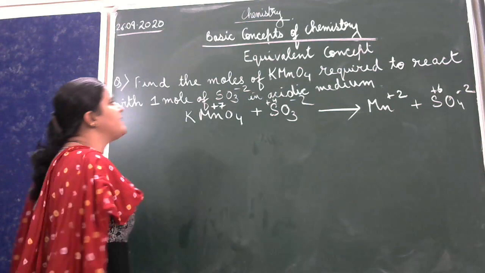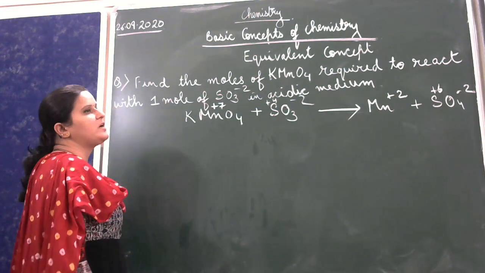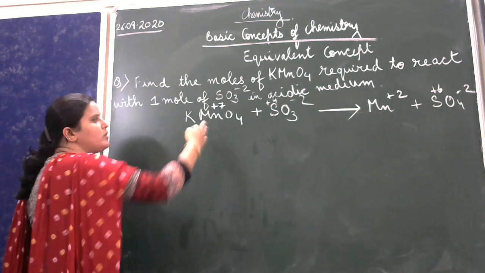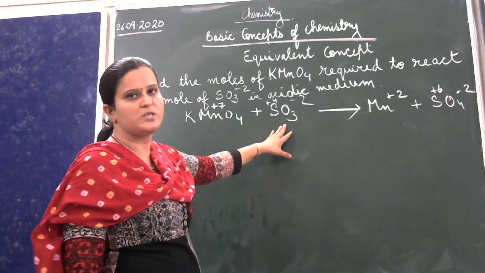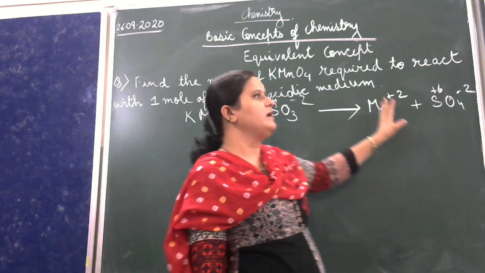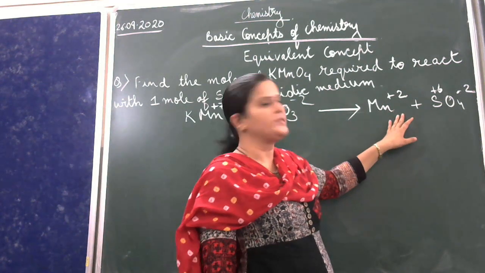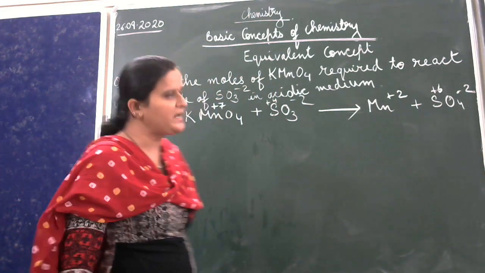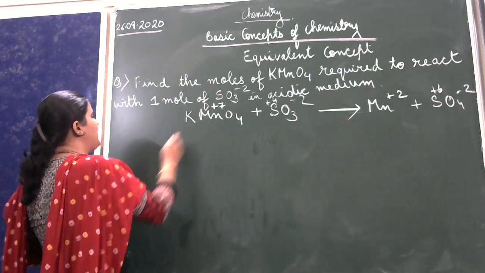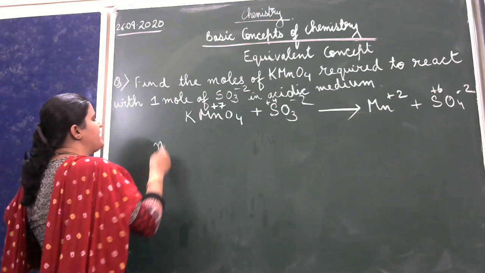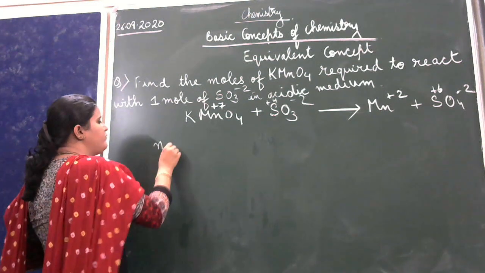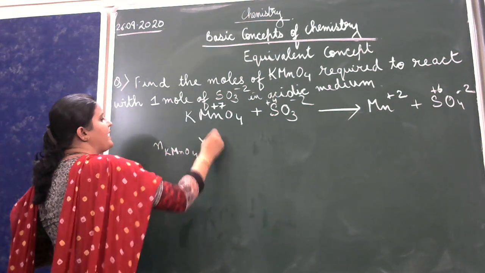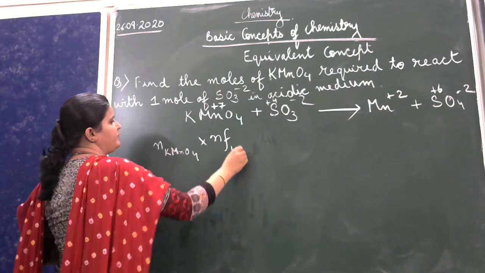So now how will I apply this equivalent concept? What did I tell you? The equivalents of KMnO4 will be equal to the equivalents of SO3 -2, which will again be equal to the equivalents of Mn+2 and equal to the equivalents of sulfate ion. And the equivalents can be written as moles of KMnO4 into n factor of KMnO4.